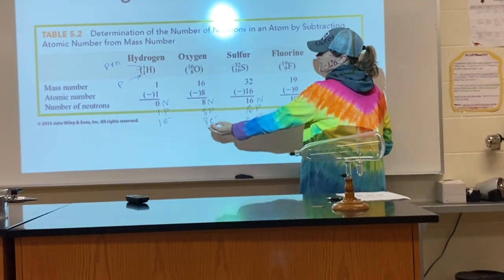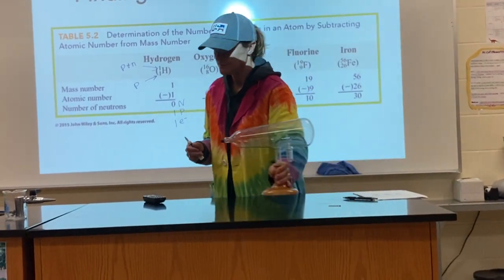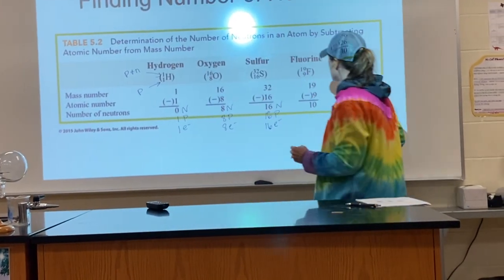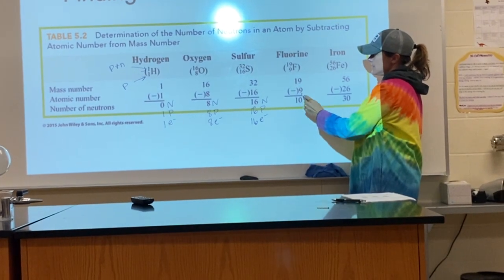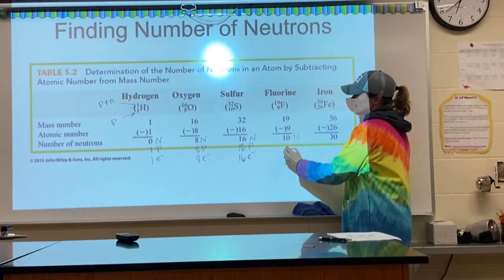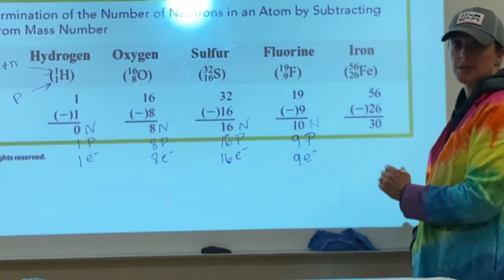So now we've had 2 examples where everything's the same, but that's not always the case. All right, here, fluorine. So mass number minus atomic number, 19 minus 9, 10 neutrons. Atomic number is always going to be my proton number, and then my electron number is also equal to proton number.